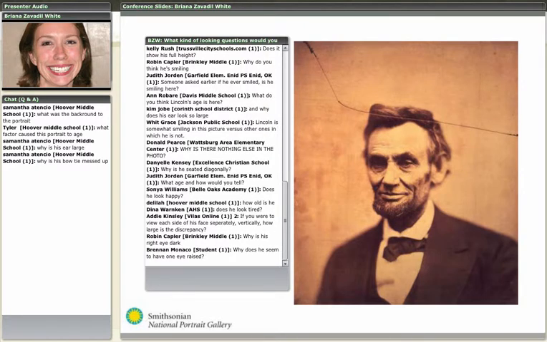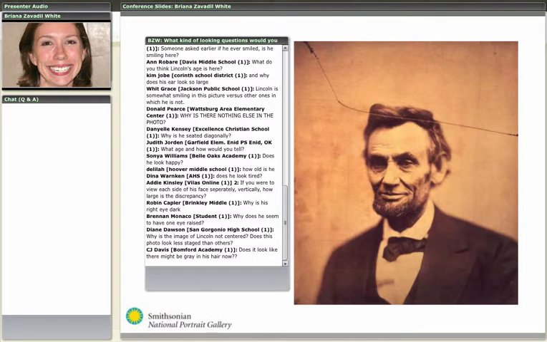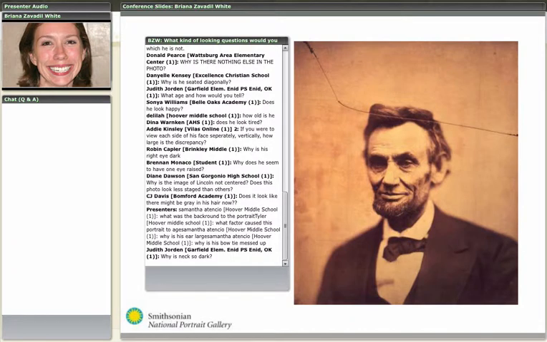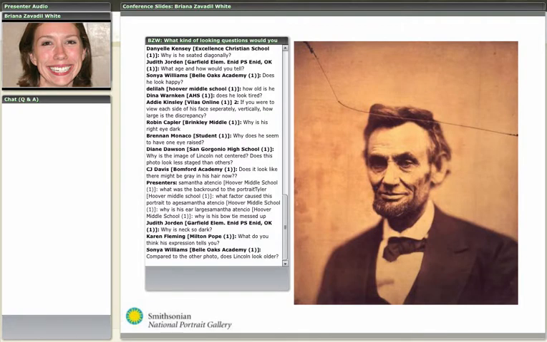Okay, so Robin Kapler asks, why is his right eye dark? Why is the image of Lincoln not centered? These are all great questions. I think, too, this is another fantastic one to ask, you know, what do you see question.